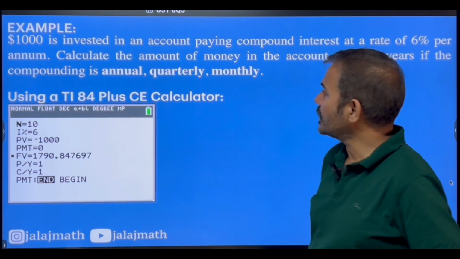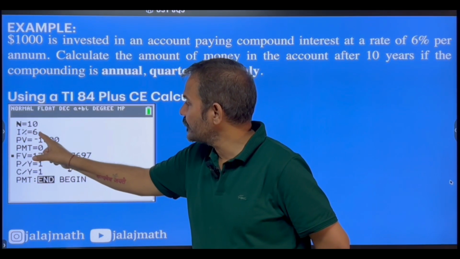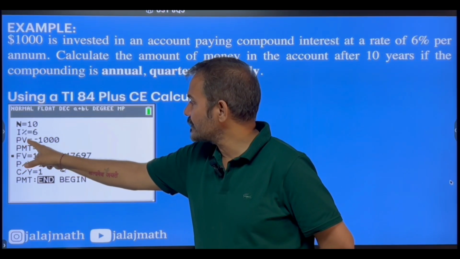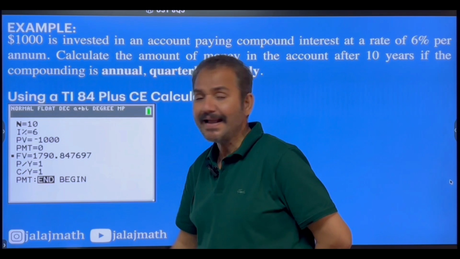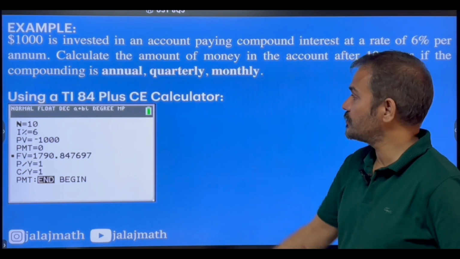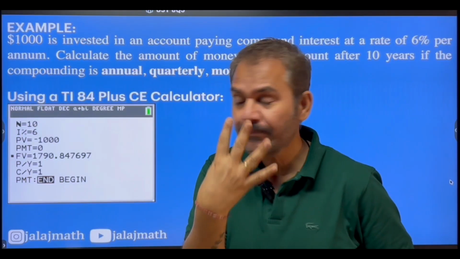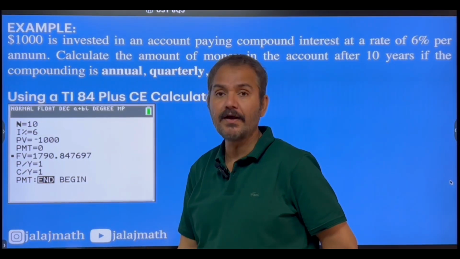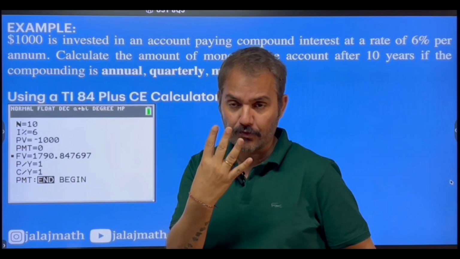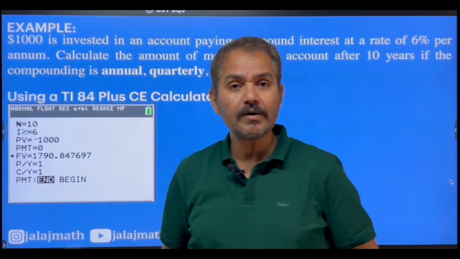Second part, quarterly. In quarterly, your interest rate will remain the same, PV will remain negative 1,000, but P/Y and C/Y will change. Since it is happening quarterly, meaning 4 times in a year, make P/Y equal to 4 and C/Y also equal to 4. Now N is 10 years. How many quarters are there?